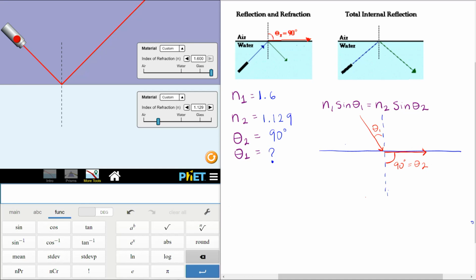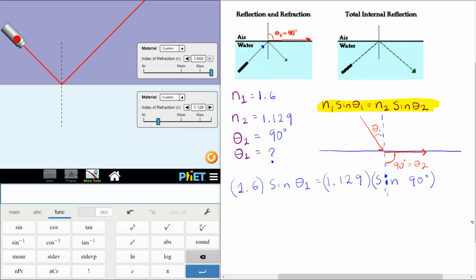I am going to use the formula for Snell's law: n1 sine of angle 1 equals n2 sine of angle 2. So I'm going to substitute. n1 is 1.6, sine of angle 1 is the one that I'm trying to find, equals 1.129 times the sine of angle 2, which is 90 degrees.